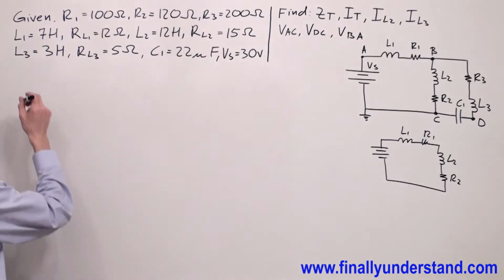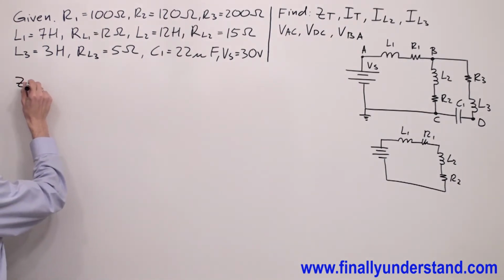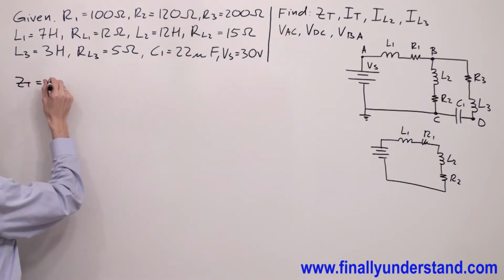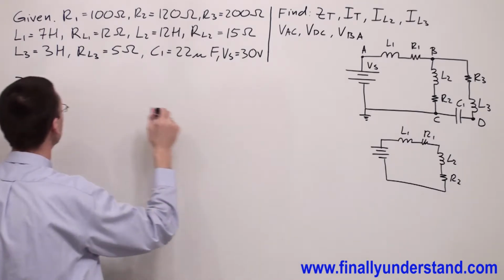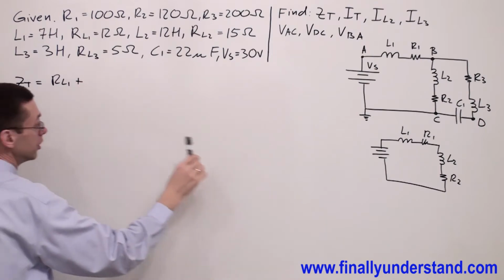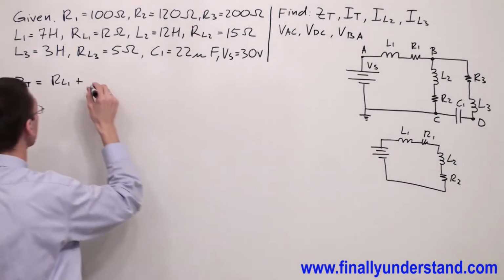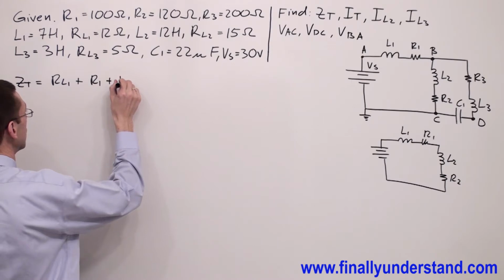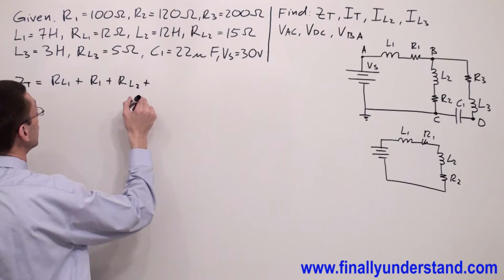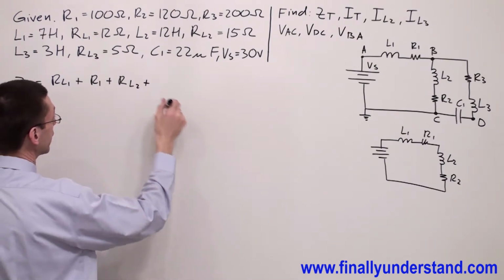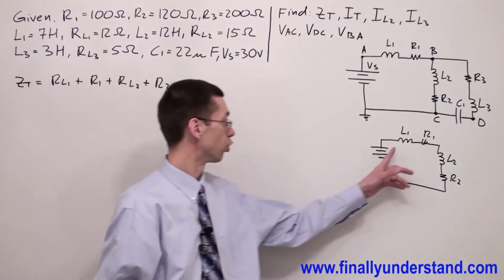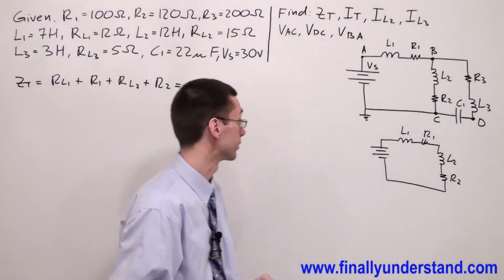So we have Z total, or R total you can also call it, equal simply to the resistance of inductor L1, so I have RL1 plus resistance R1 plus resistance of inductor L2 plus resistance R2. I simply add all these four resistances.